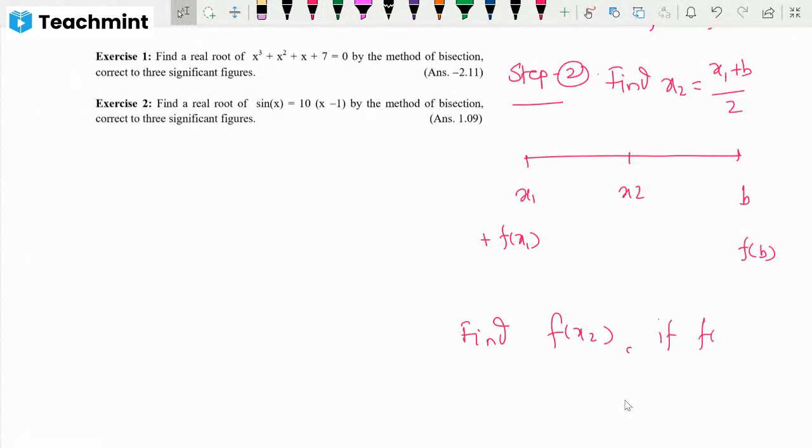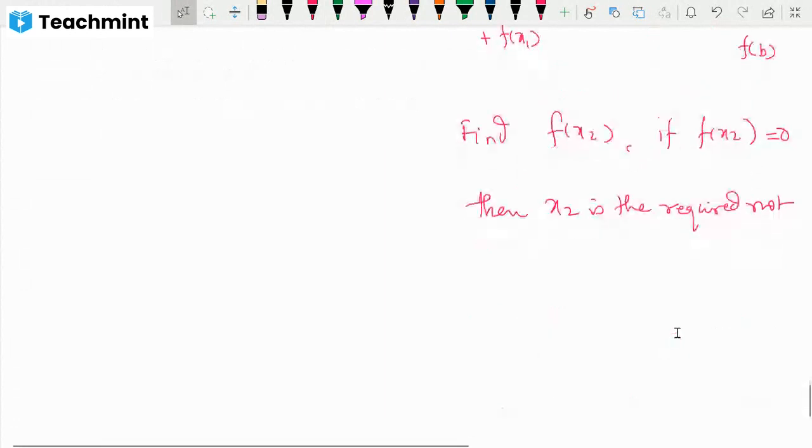If f of x2 is equal to 0, then x2 is the required root of the given equation, f of x equal to 0.